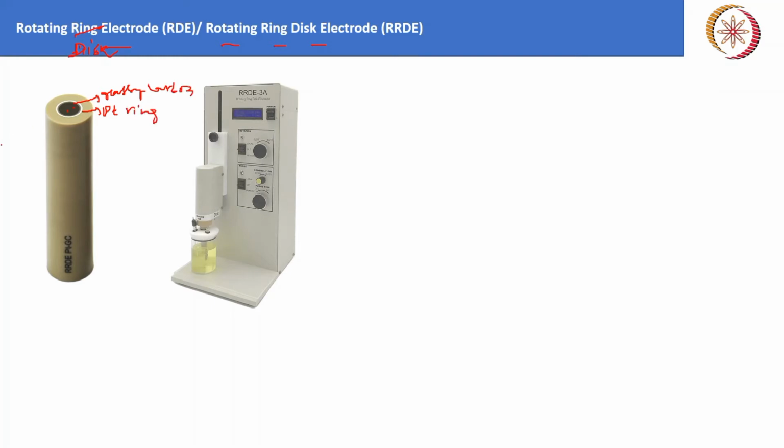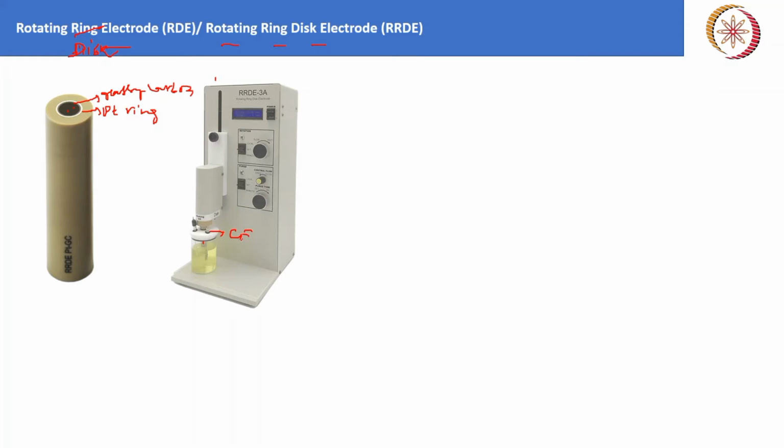So this is the RRDE electrode, and it is used to measure the kinetic parameters of some redox reaction. This is the RRDE instrument, where you can see this electrode is connected here, and here you have a solution of your analyte, and this is the counter electrode.